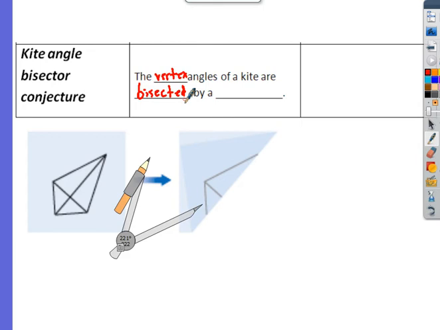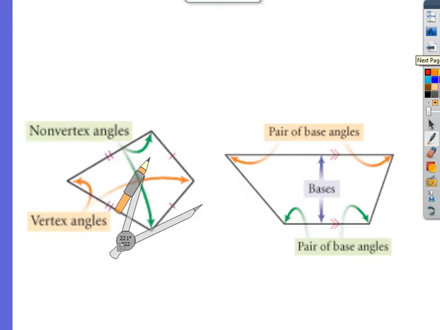The vertex angles of a kite are bisected by a diagonal. So pause for that. Again, you don't have to draw this. You've already drawn it, but if you haven't, here you go. You need to get this drawing down.